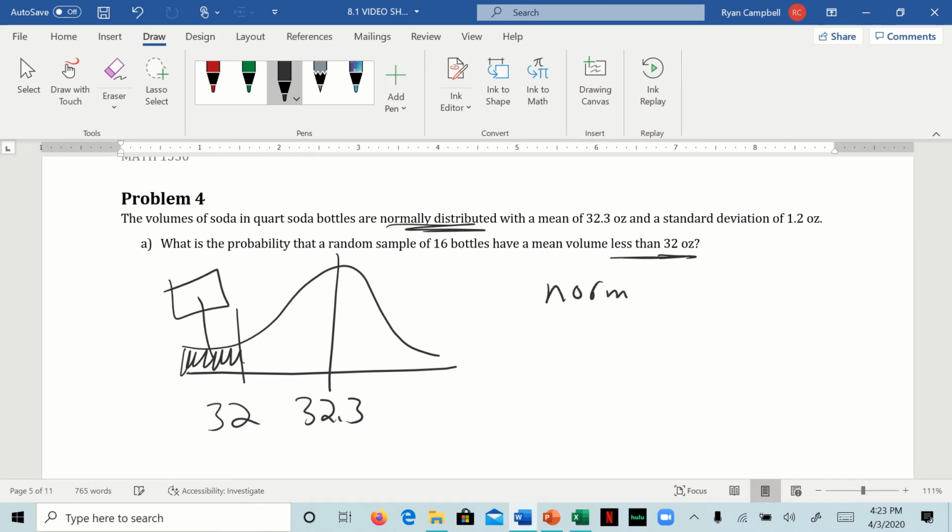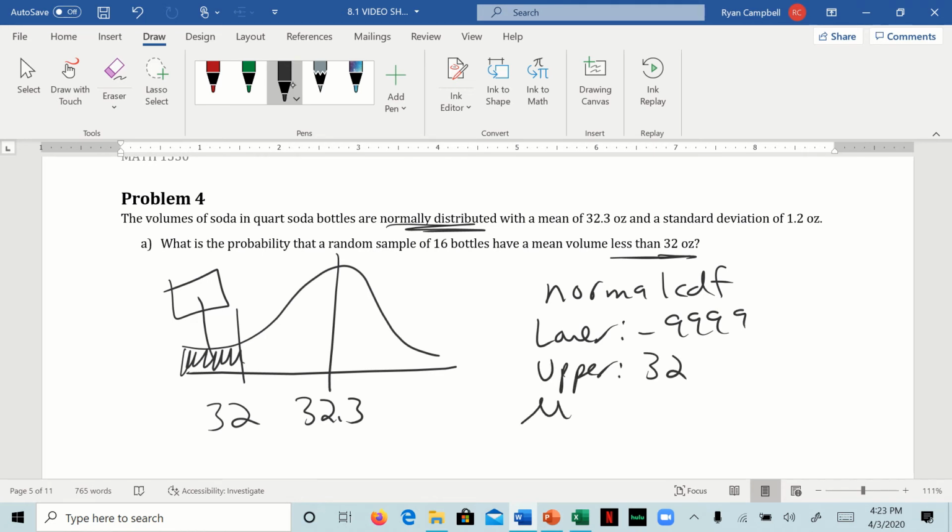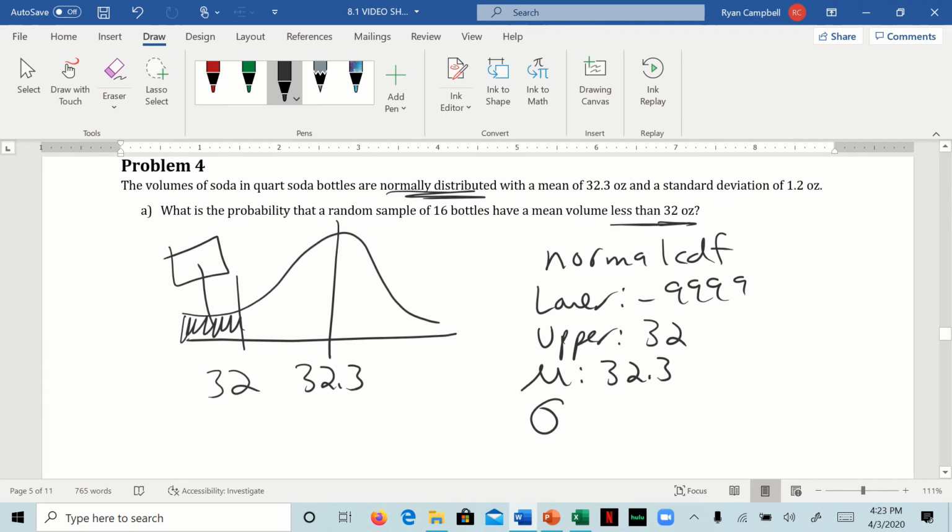So into normal CDF, our lower is negative 9999. Our upper is 32. Our mu is 32.3. And our sigma, hopefully you were yelling pause, right? Because we have to pause at sigma now.